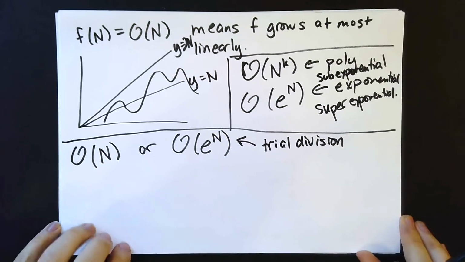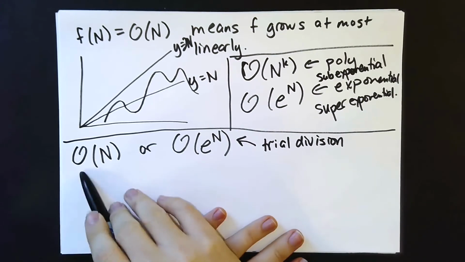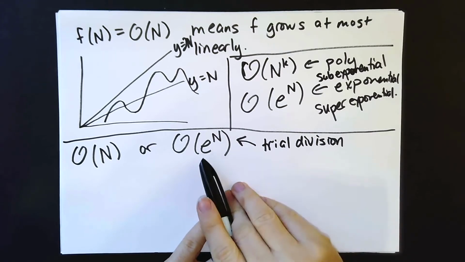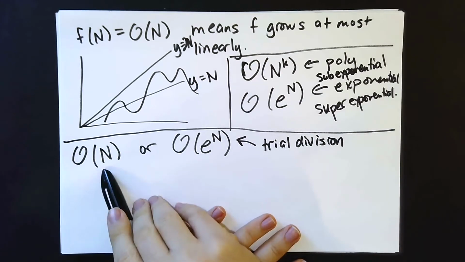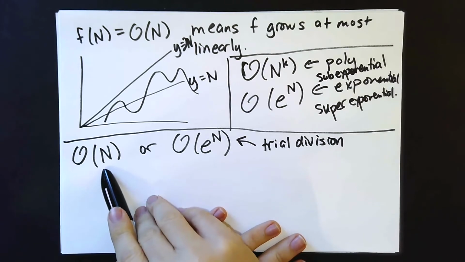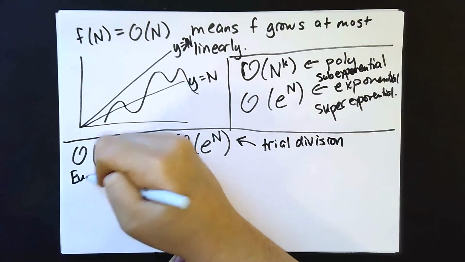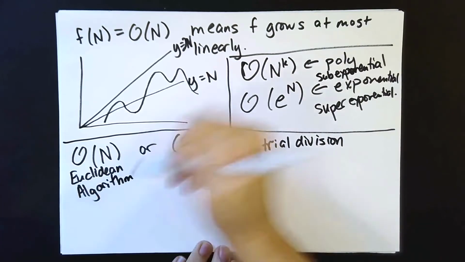Now, roughly speaking, the difference between these two is again describing how they scale with the size of the input, but something that's O of n, we should expect to be able to do in a reasonable amount of time, even for very, very large inputs. So one of the things we talked about, being O of n, is the Euclidean algorithm.